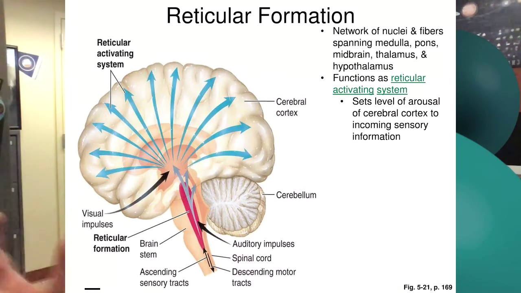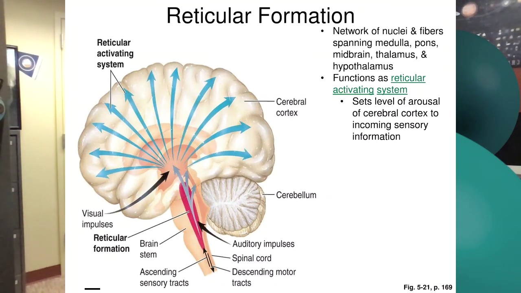What that means, from what we've studied, is it's bringing those neuron cells closer to threshold, so that once that sensory information comes in, they're going to respond so much more quickly. So it just helps direct attention towards specific events, right?